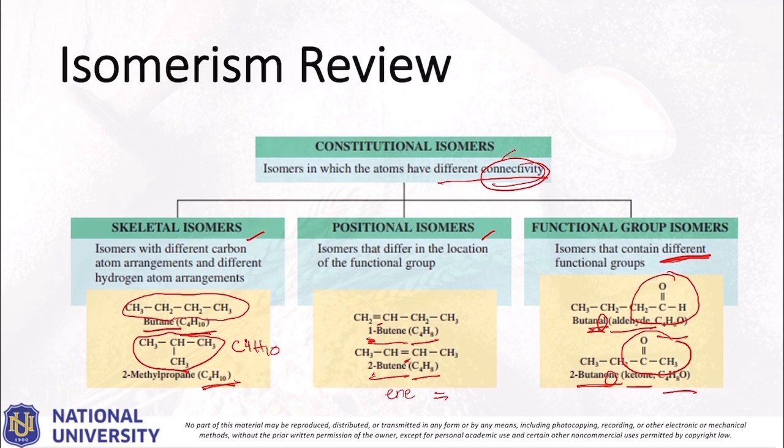So anong difference ni functional group sa positional isomerism? Dito sa positional isomers, same yung functional group but differ in location only. While dito sa functional group isomers, different yung mismong functional group.